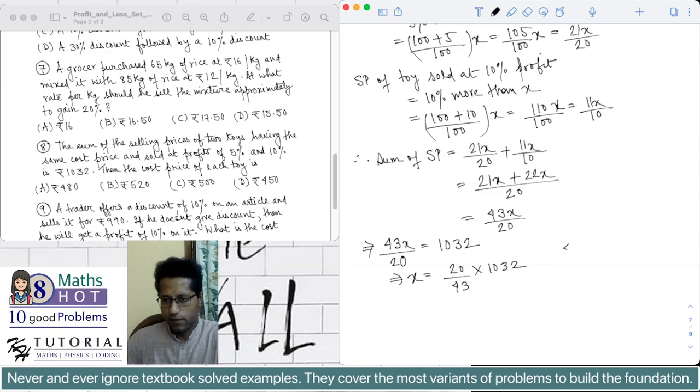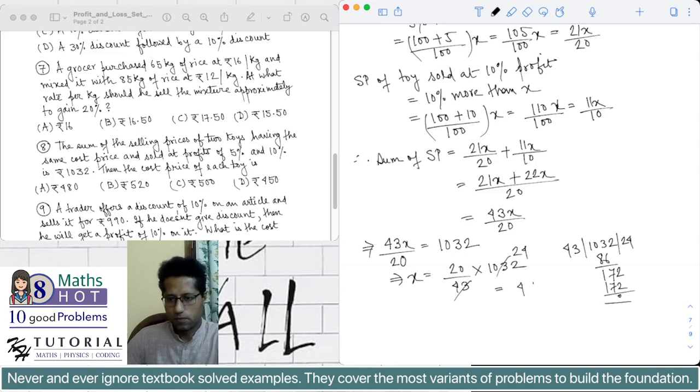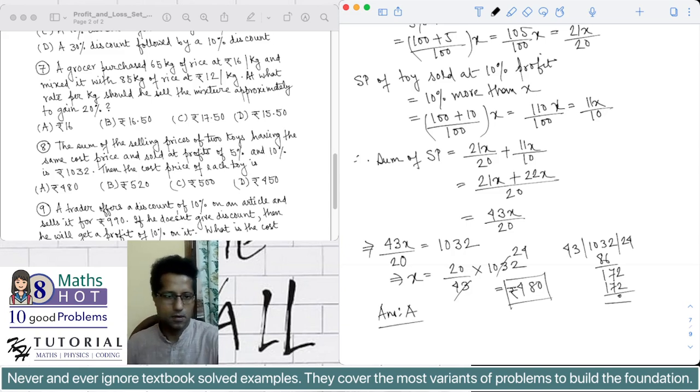Will 43 divide 1032? 24. So this is equal to 480. So the cost price of each toy is rupees 480, and hence the correct choice is A. A is the correct choice.